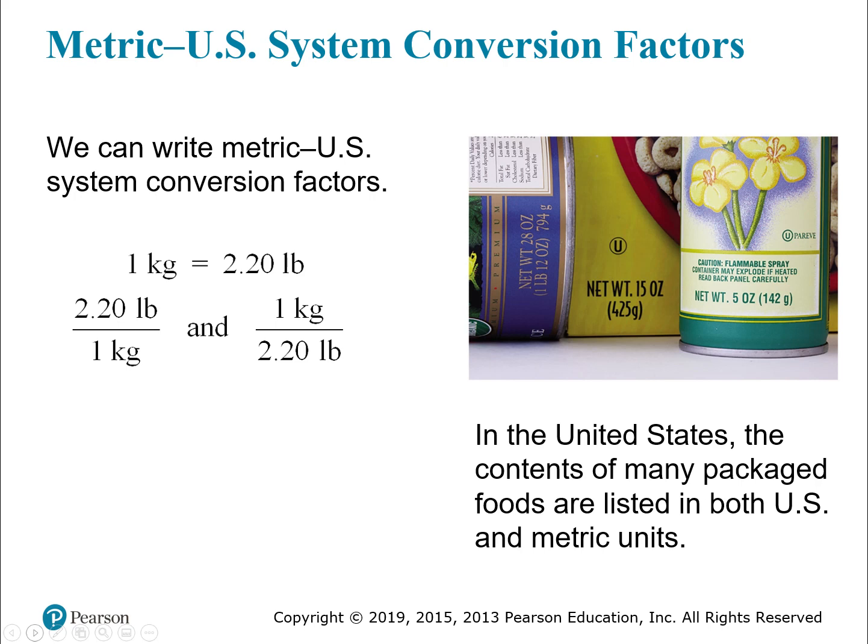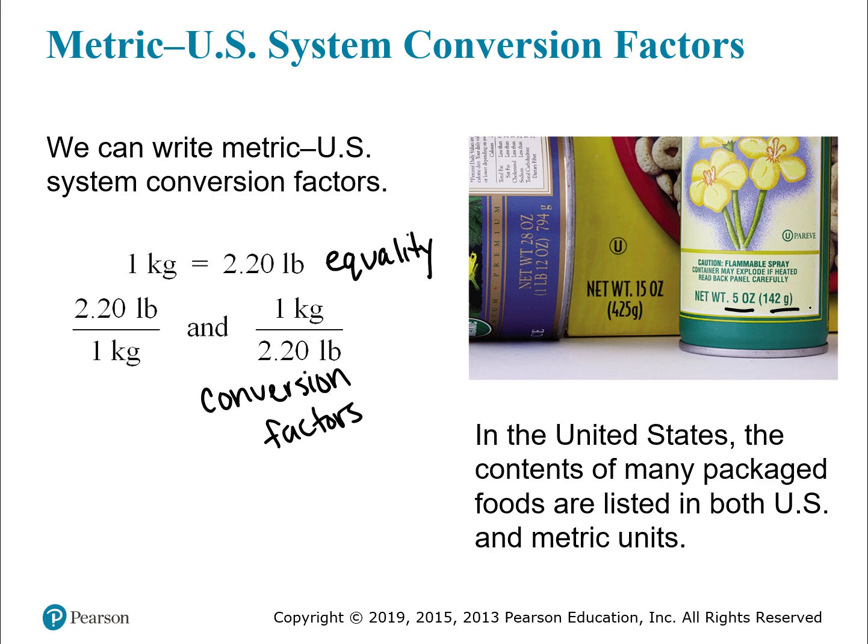Here's an example of the US system and metric conversion factor. I used this example a little bit earlier. We have our equality, and then we have our conversion factors. If you're buying food at the grocery store, you will often see both the ounces and the grams.